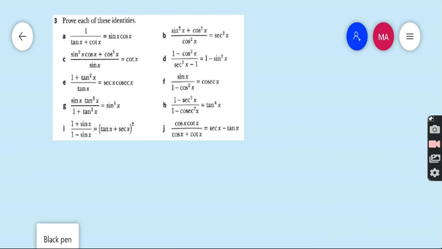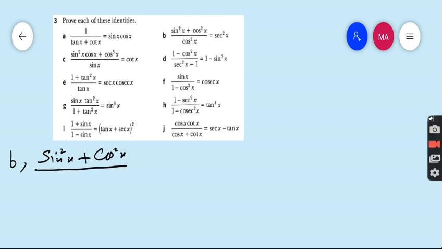Part B is sin square x plus cos square x upon cos square x is equals to sec square x.